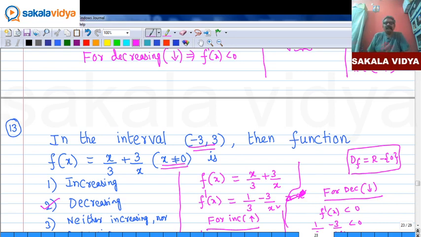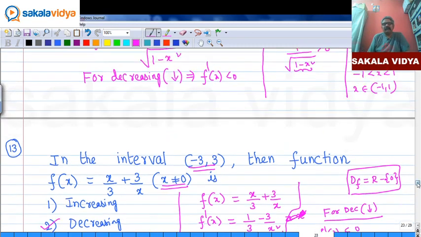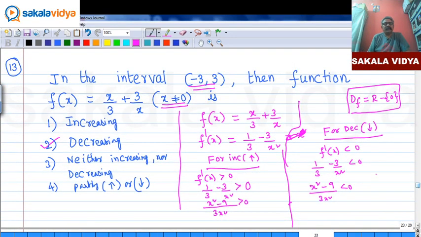It is a decreasing function only in this interval, but except 0, this condition is there. That means minus 3 to 0 union 0 to 3. We can write it like this, minus 3 to 0 union 0 to 3, because of this condition.